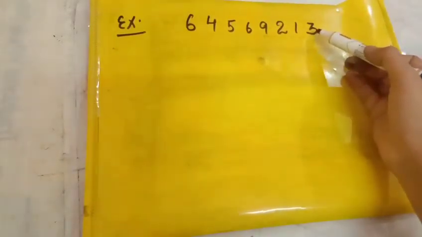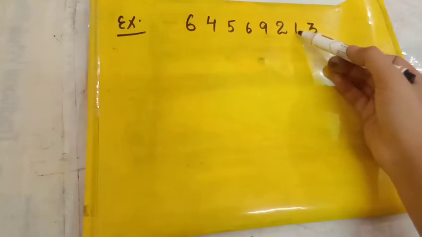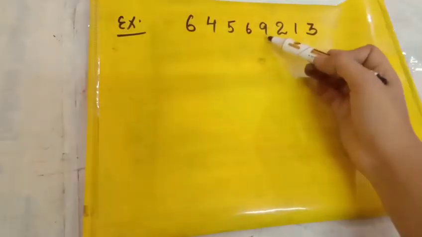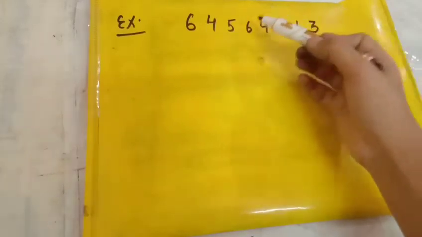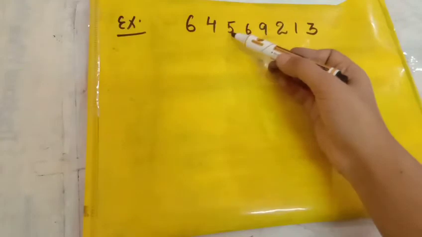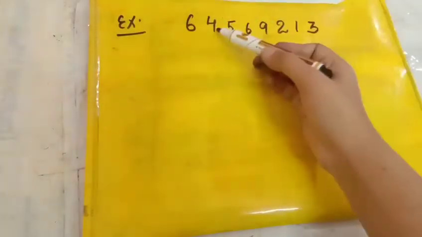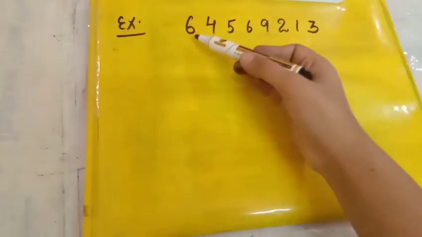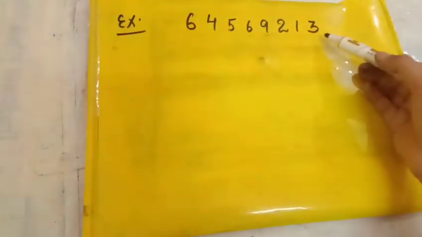Ones means 1 digit number, tens means 2 digit number, 100 means 3 digit number, 1000 means 4 digit number, 10,000 means 5 digit number, lakh means 6 digit number, 10 lakh means 7 digit number, and crore means 8 digit number.